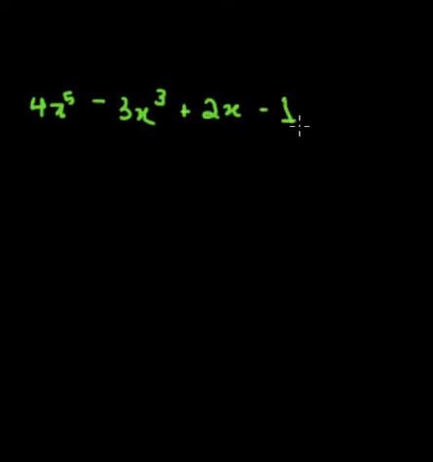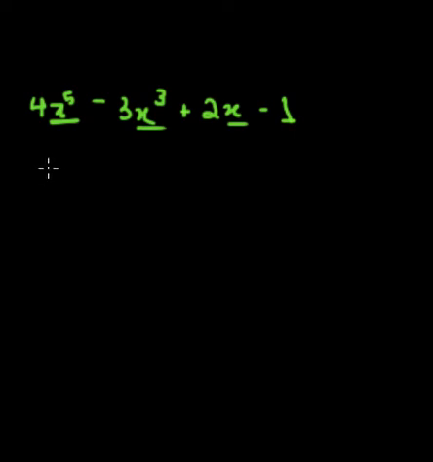The highest degree in this polynomial is 5, because the term 4x to the power of 5 has the greatest exponent compared to the rest: there's x to the power of 5, x cubed, and just x, and obviously 5 is greater than 3 and 1. So that is the degree of this particular polynomial.